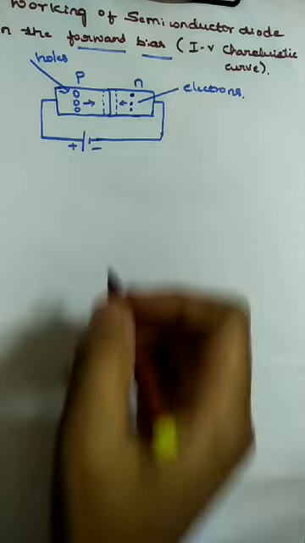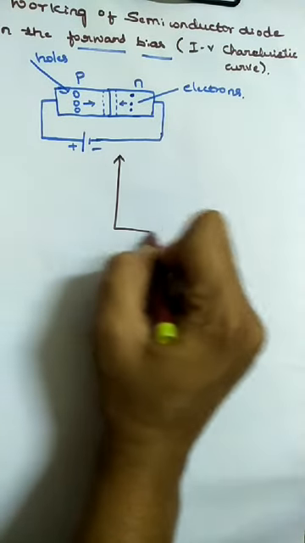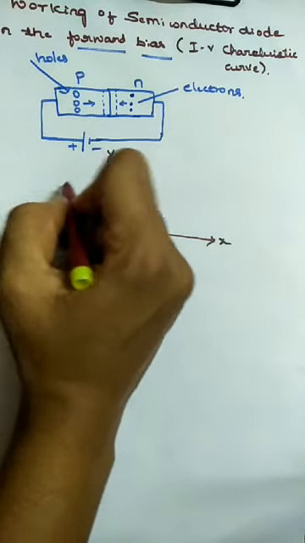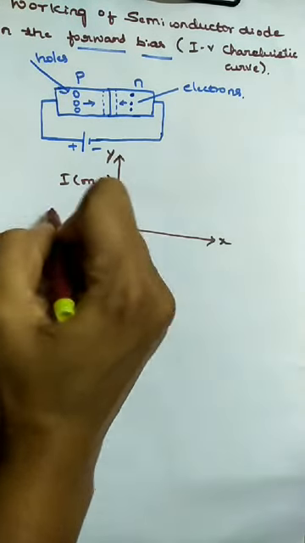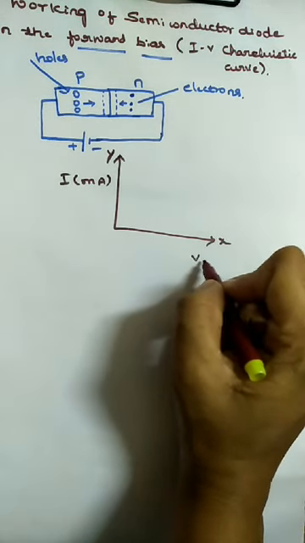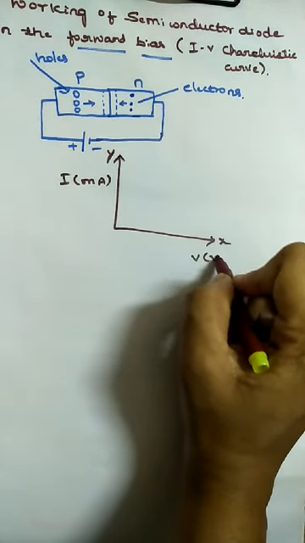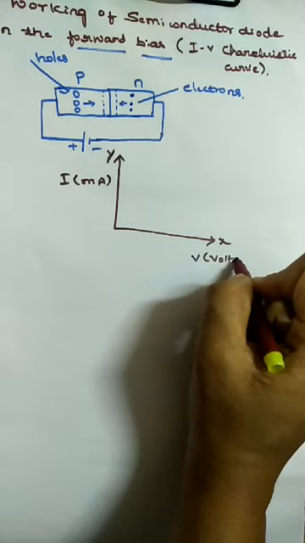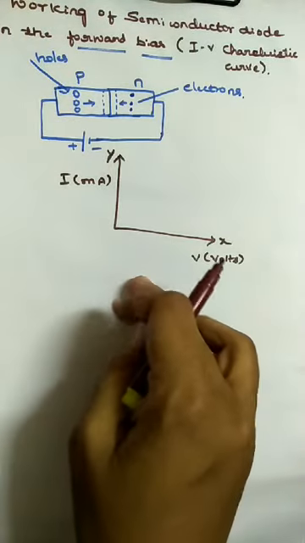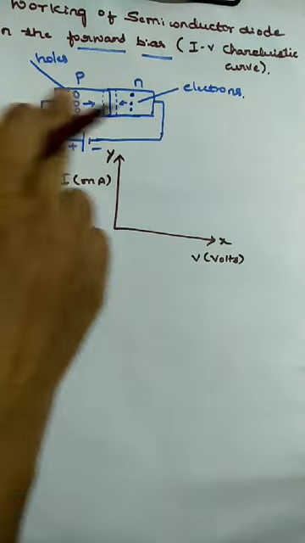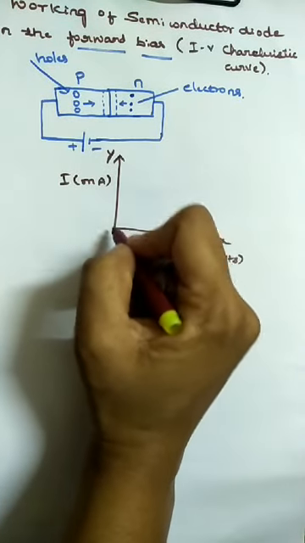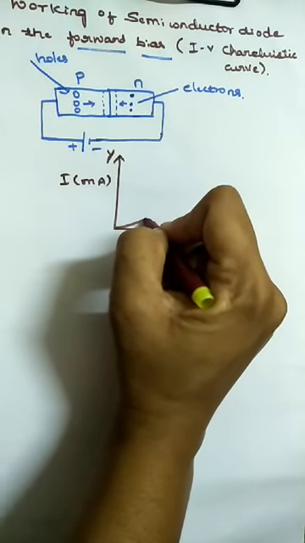This is the x and y axis: current in milliamps along the y axis and voltage in volts along the x axis. As the voltage increases, the current increases like this.